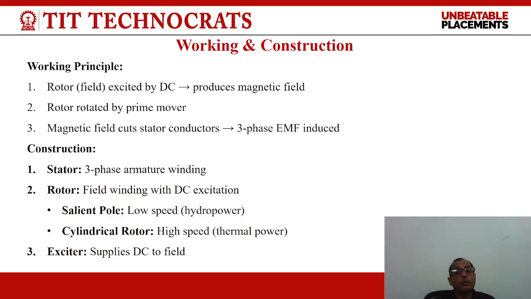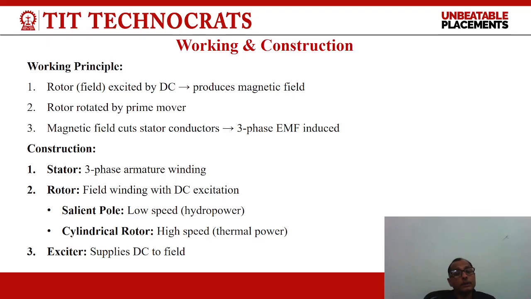This rotor is rotated by a prime mover, and this rotor flux cuts the stator conductors. As a result, an EMF is induced in the stator conductors, which causes a current to flow in the load. This prime mover can be driven by various types of turbine: water turbine or steam turbine.